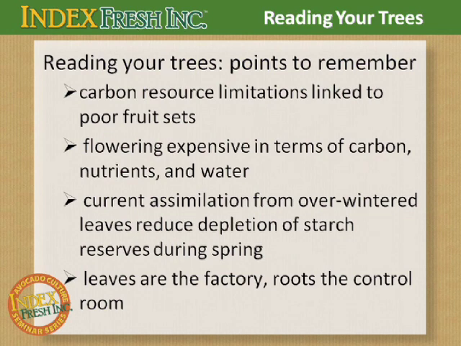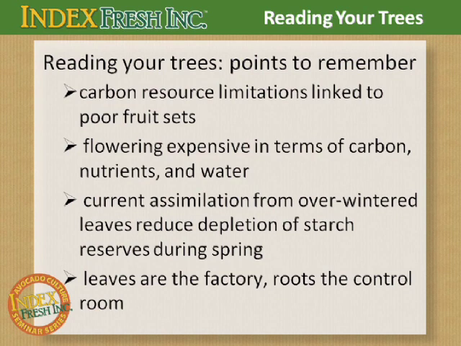Current assimilation over overwintered leaves reduces the depletion of starch reserves during spring. You've got two choices. You take it out of starch reserves, or you can make those overwintered leaves function and compensate for any losses taken from reserves. And finally, we say in a simple sense, leaves are the factory, roots are the control room.